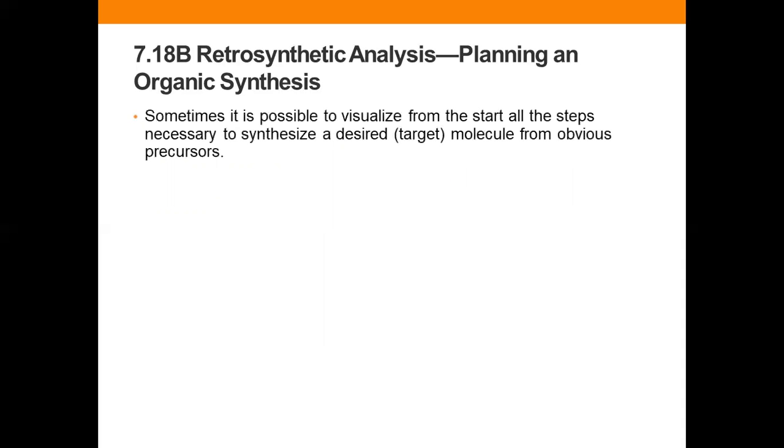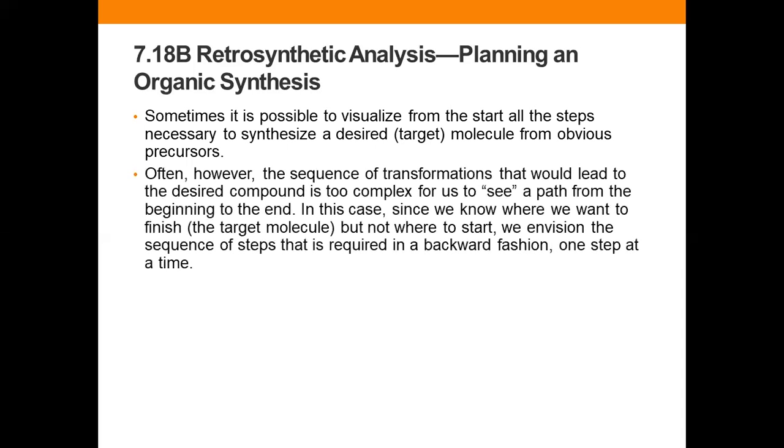So there is a way of what we call retrosynthetic analysis. We plan an organic synthesis, and sometimes it's possible to visualize from the start all the steps necessary to synthesize a desired target molecule from previous precursors. Now, what are our starting materials?